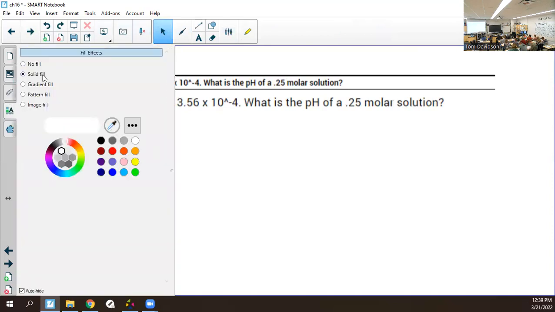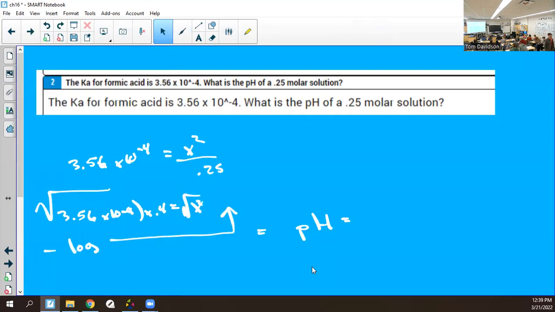That's not bad. All right, here we go. So, yada, yada, yada. We have Ka equals x squared over 0.25. I put a 0.4. Why? It's 0.25. Put 0.25. You okay with that?